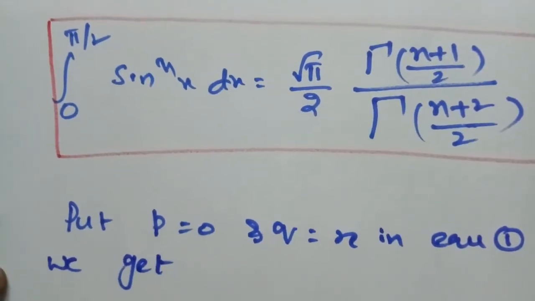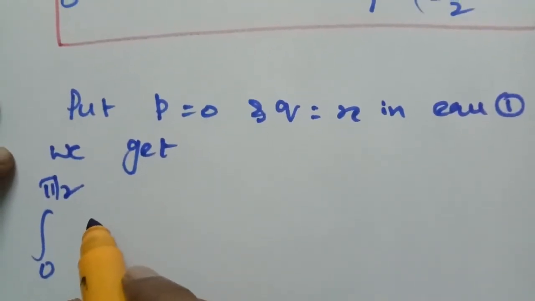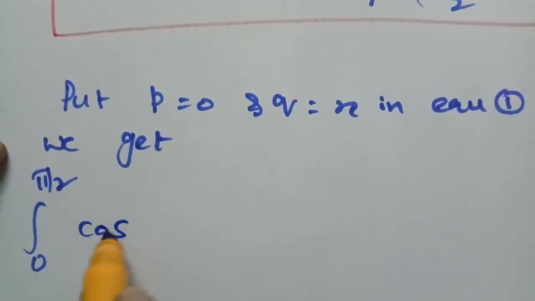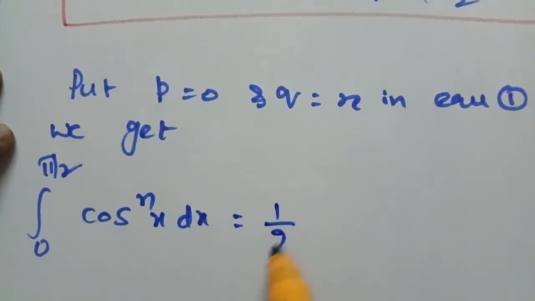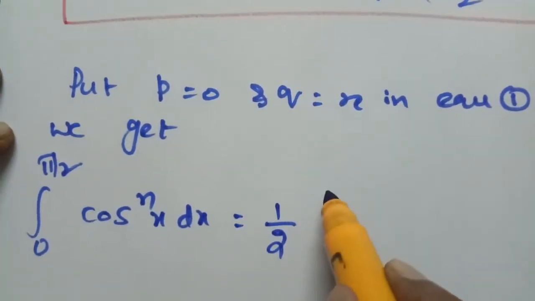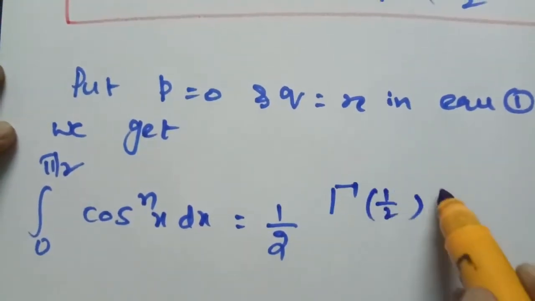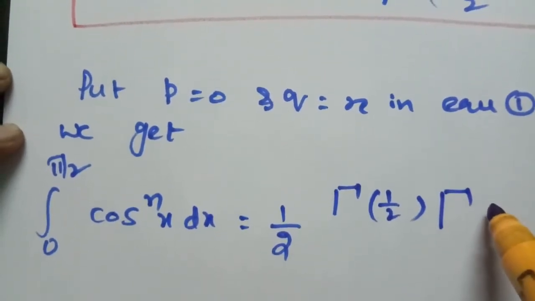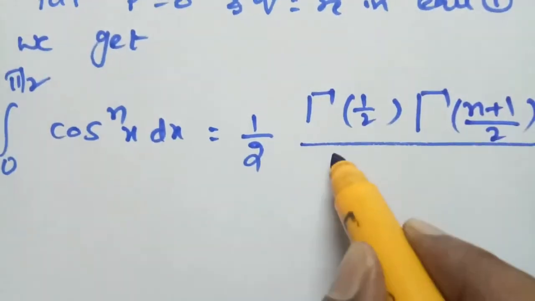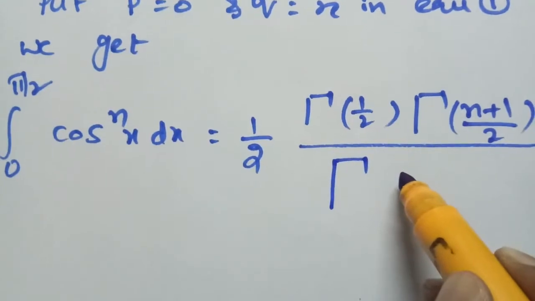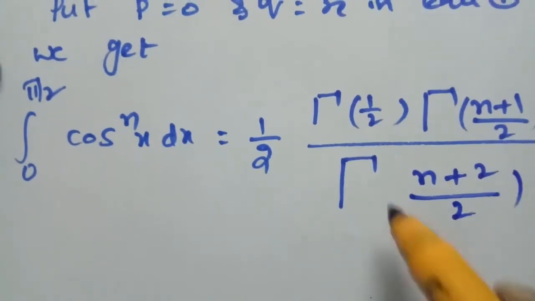We get integral 0 to pi by 2 sine to the power of p, that is sine power 0, into cos to the power of nx dx is equal to 1 by 2 times into gamma (p plus 1) by 2, p value 0, into gamma (q plus 1) by 2, q value n, that is (n plus 1) by 2, whole divided by gamma of p value 0, q value n, (n plus 2) by 2.